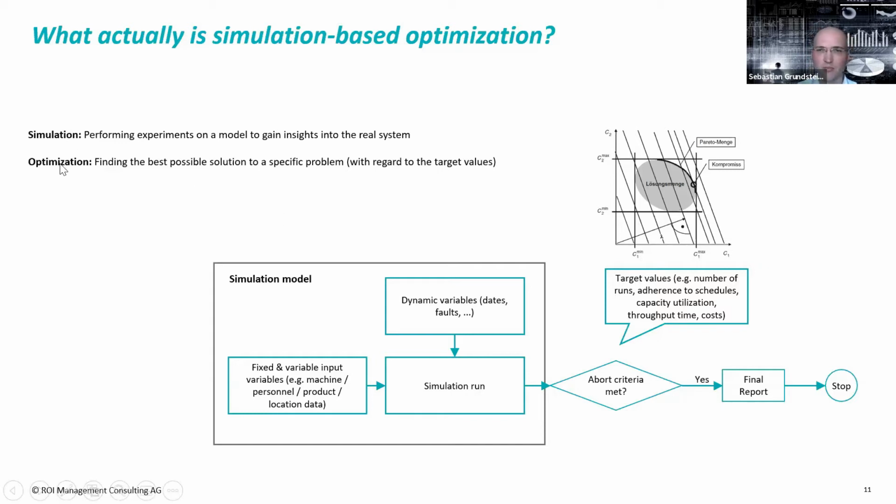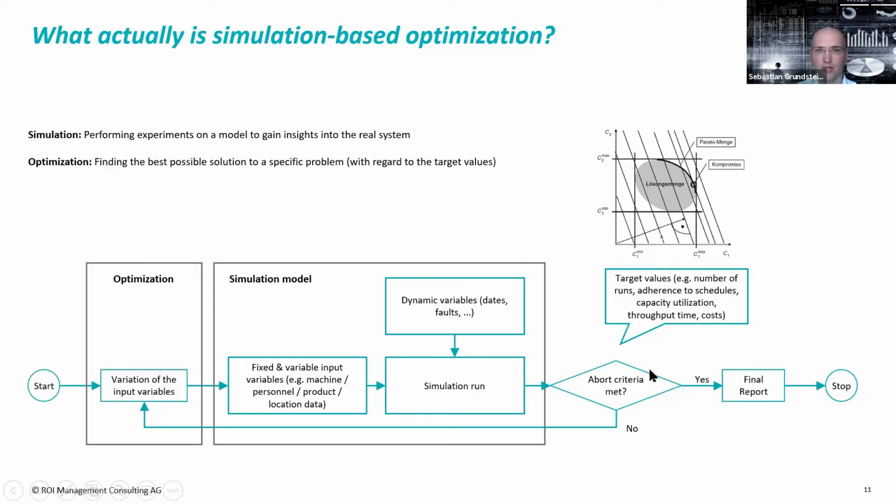Combining it with an optimization means we have an iteration, like in a control cycle here, where we systematically vary everything we can vary and are allowed to vary to find the best possible solution.